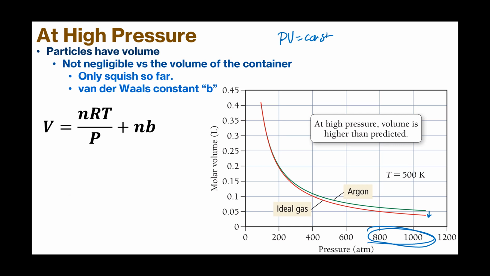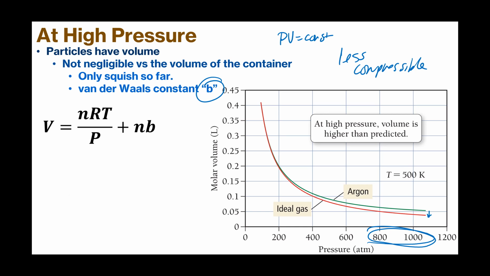Van der Waals, this is the same guy that talks about intermolecular forces. He was big in the gases as well. Van der Waals was studying real gases and came up with what I call fudge factors, the van der Waals fudge factors, for fixing the ideal gas law. The constant that we call B takes care of the volume issue.